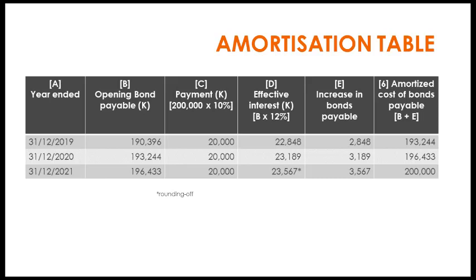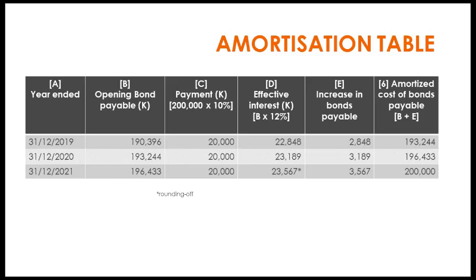But the effective interest will be the opening bond payable multiplied by 12%. Now the difference between effective interest and the interest payment made will be the amortization or increase in bond payable. And then in the last column, the opening bond payable plus the increase in bond payable will result in the closing balance of bond payable. And then the cycle will go on and on.